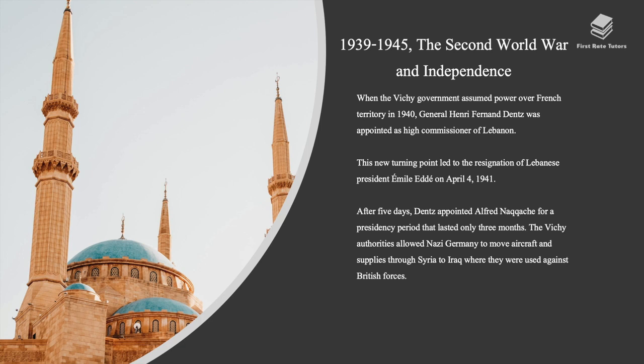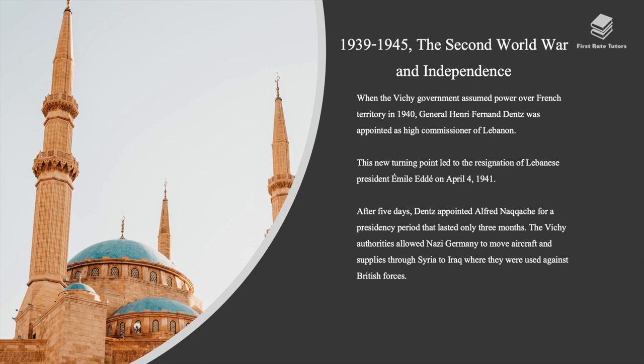When the Vichy government assumed power over French territory in 1940, General Henri Dentz was appointed as High Commissioner of Lebanon. This new turning point led to the resignation of Lebanese President Émile Eddé on April 4, 1941. After 5 days, Dentz appointed Alfred Naccache for a presidency period that lasted only 3 months.